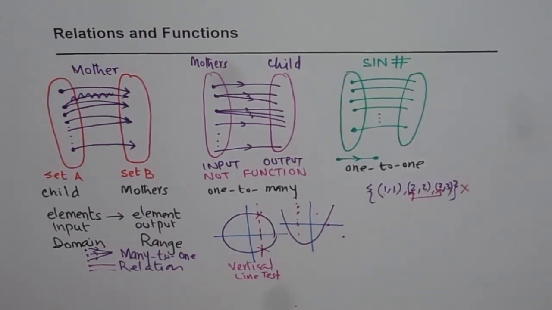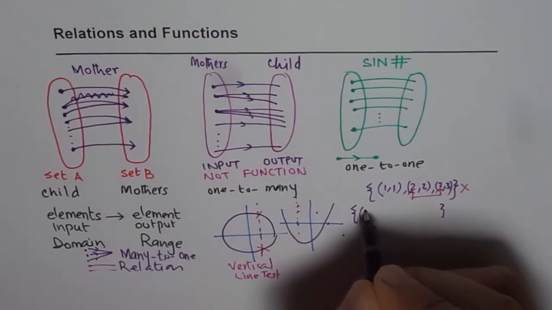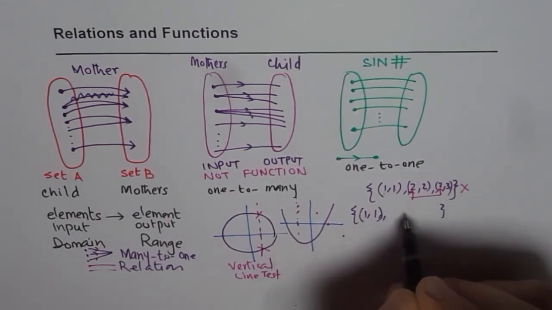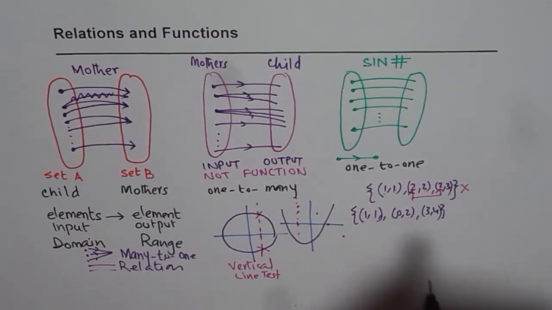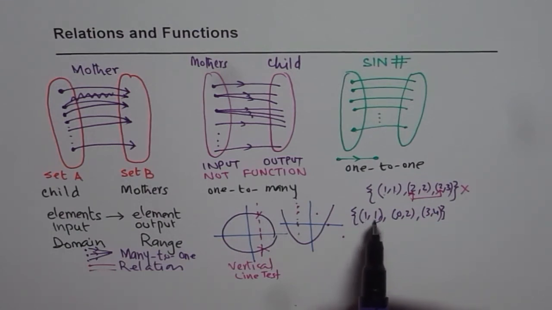Therefore this one is not a function. Whereas if I write a relation like (1, 1), (0, 2), (3, 4), then every input element x is associated uniquely with just one output element, the y coordinate.